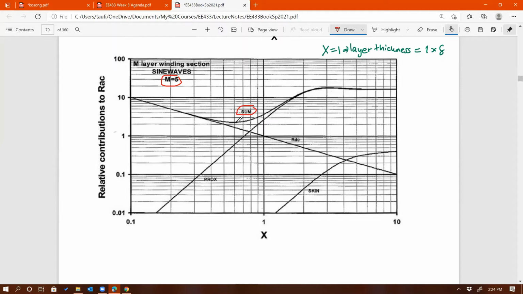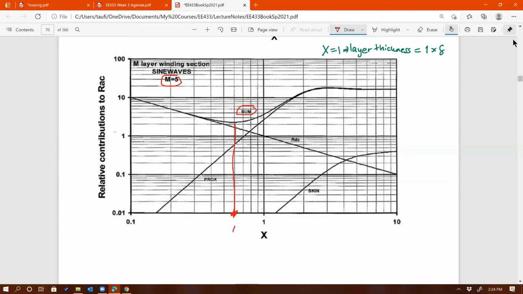We need to look for the minimum point, which is it right there around? Looks like it. So around here, that will be the thickness of each layer that you should choose in terms of the skin depth, in order to minimize loss.